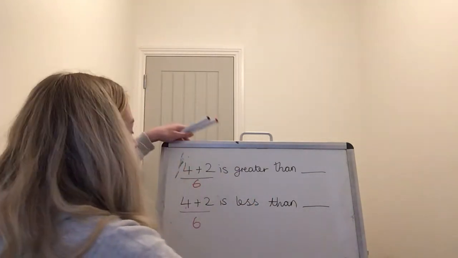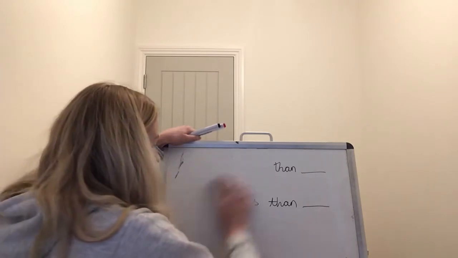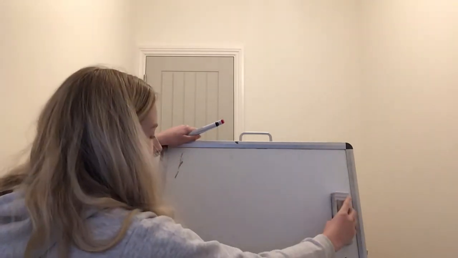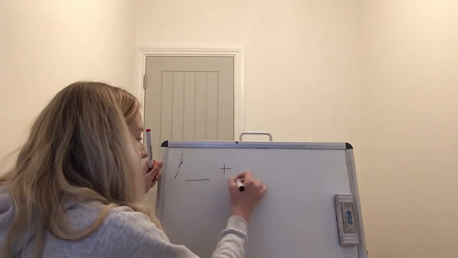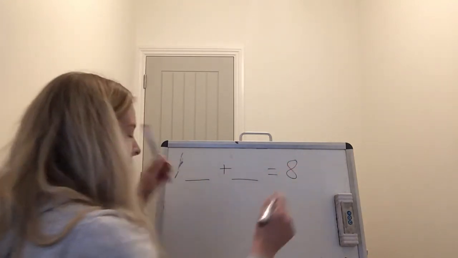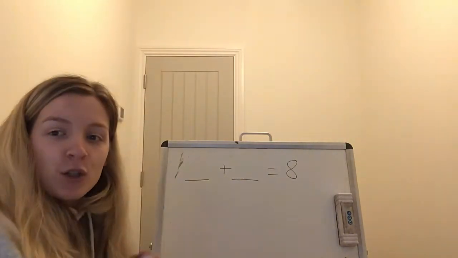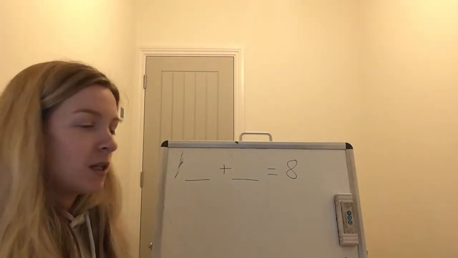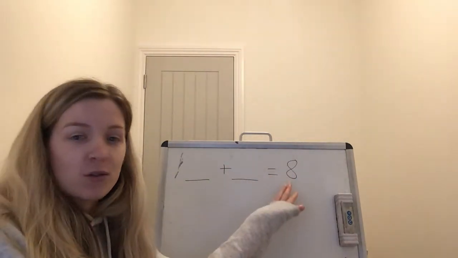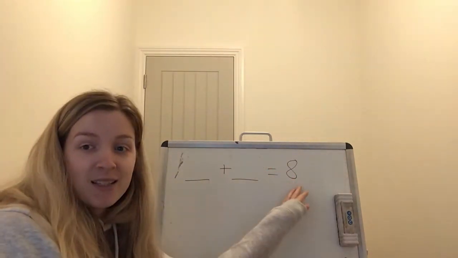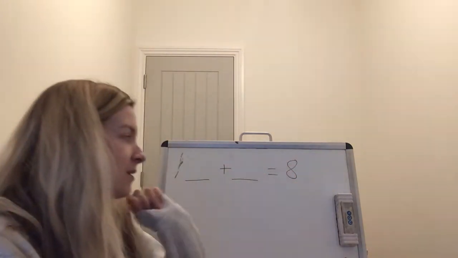Right. Then you have some questions that look like this. Something plus something equals 8. Now, you might find it helpful to go and get yourself 8 objects, 8 spoons, 8 straws, 8 toy cars, 8 stuffed toys, I don't know, 8 things.